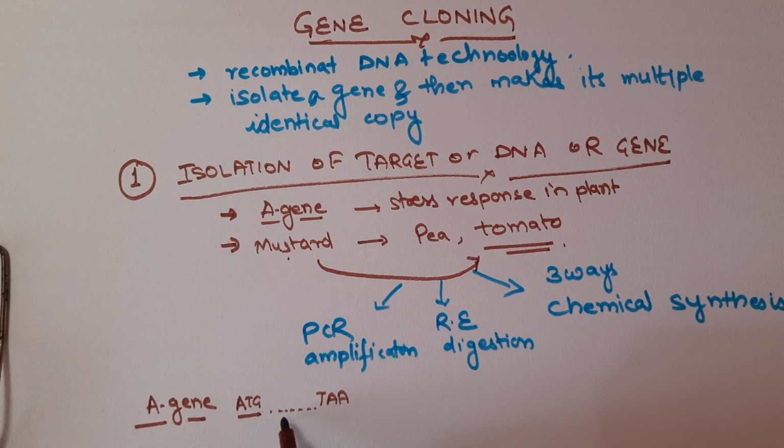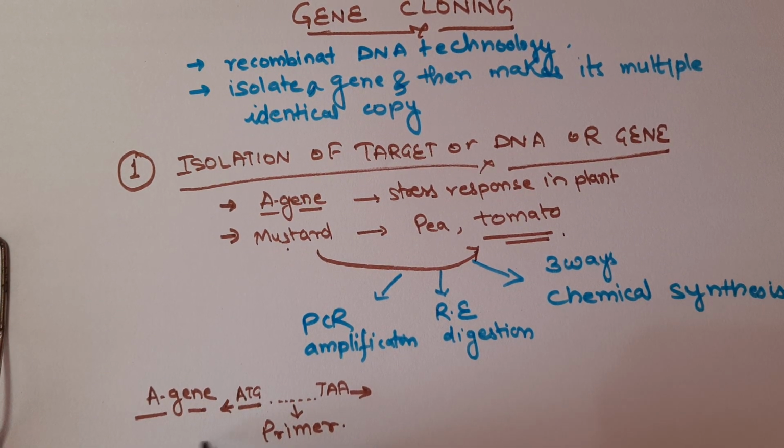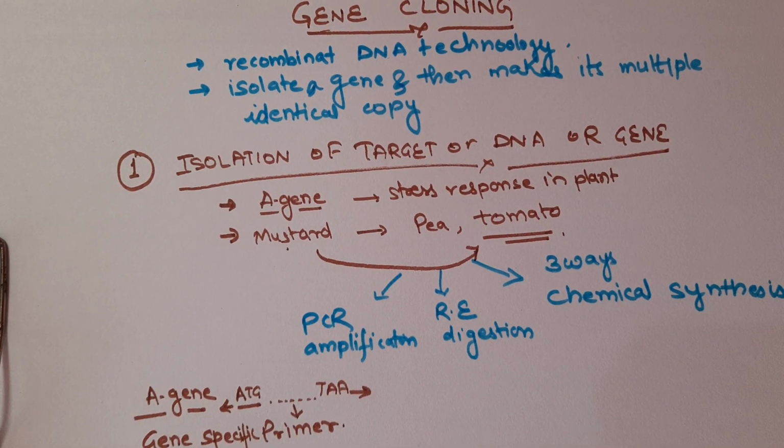If I know the specific sequence and the flanking sequence, the nucleotide sequence of this gene, I will design a primer that is specific to the gene, a gene specific primer. Whichever gene we want to clone, we will design the gene specific primer for it, and with the use of PCR amplification we will amplify, or multiply the copies of, that gene.